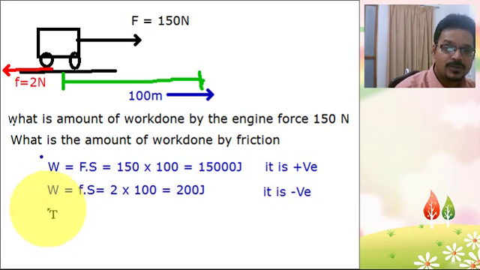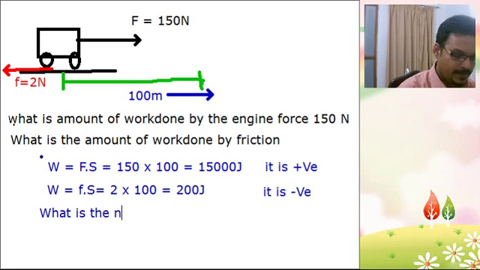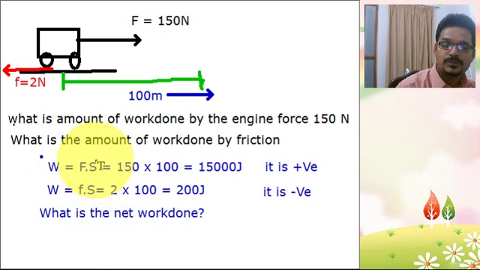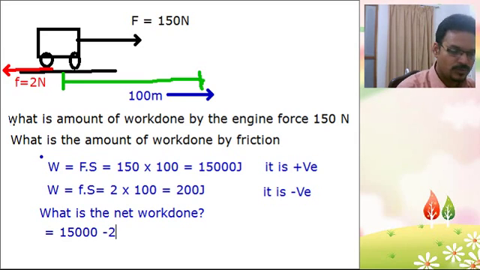Okay, now if you ask what is the net work done, how can you solve this? It's very simple. Net work done is nothing but the amount of positive work minus the amount of negative work. So positive work is 15,000 minus negative work is 200.